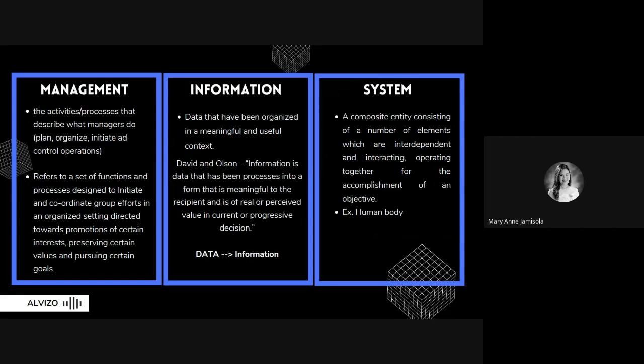So MIS comprises three elements: management, information, and system. So let's break it down into its three elements. The concept of MIS is better understood if each element of the term MIS is defined separately. So first, we have management.